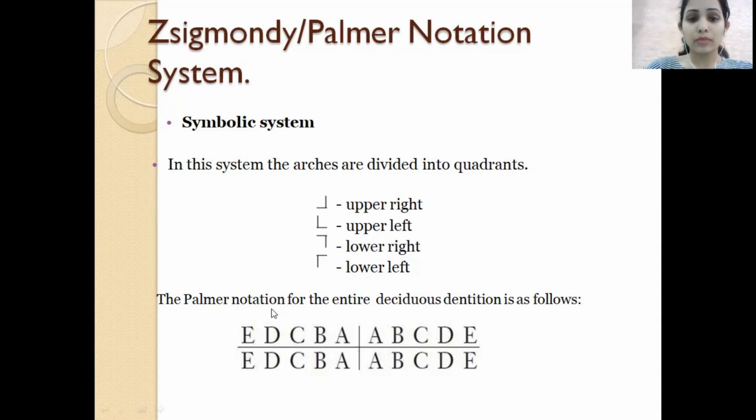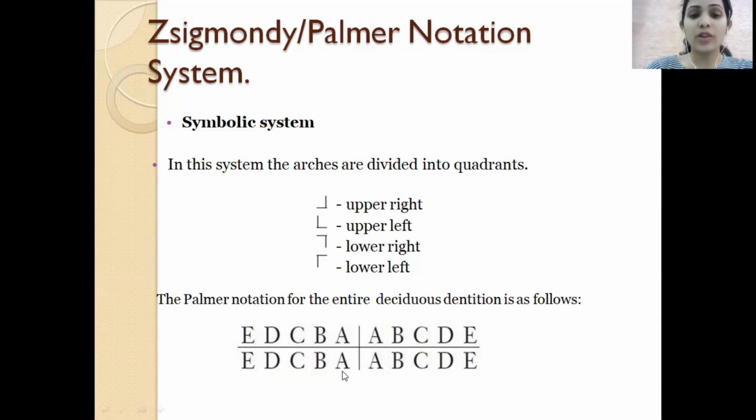Now the Palmer notation system for entire deciduous dentition is as follows. So here, this also denotes the primary dentition through the alphabets. Now the denotation is done using alphabets like A to E. So the first quadrant denotes the right upper quadrant, and the second quadrant denotes the left upper quadrant.